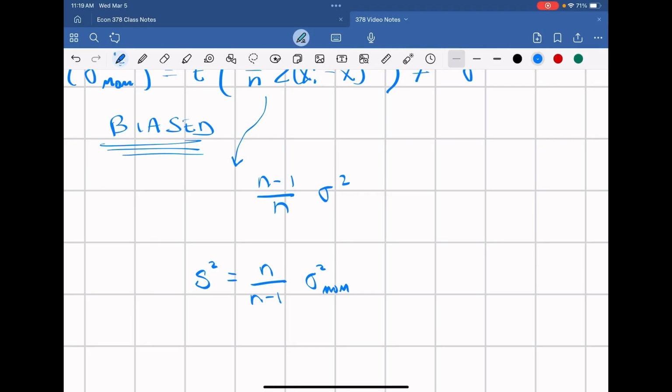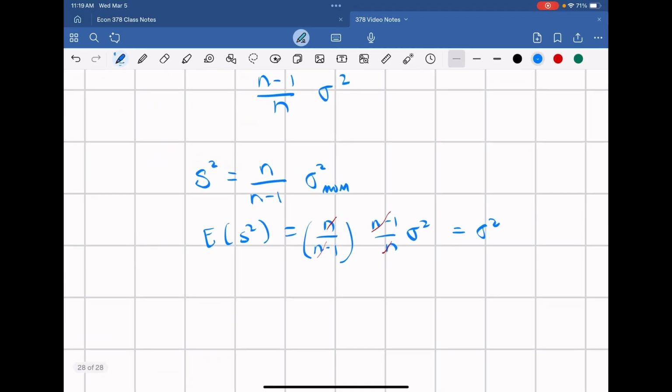Well, if I did that, then the expected value of s squared would equal n over n minus 1, I could pull that out, times the expected value of sigma squared MoM, which was n minus 1 over n sigma squared. And so these would cancel, and I would be left with the expected value of s squared is equal to sigma squared. So that's the unbiased estimator.